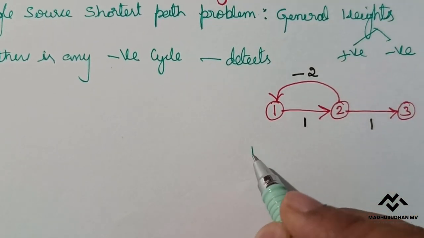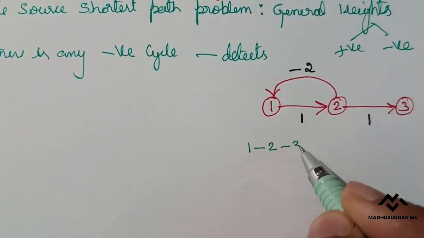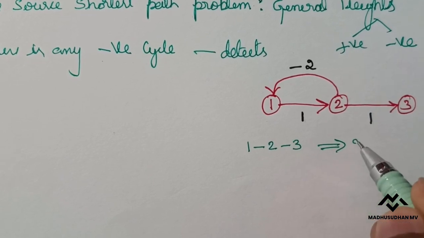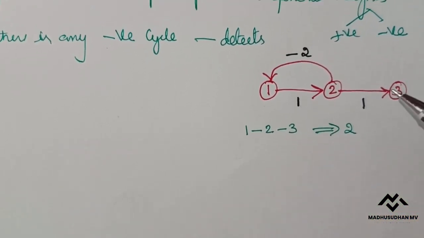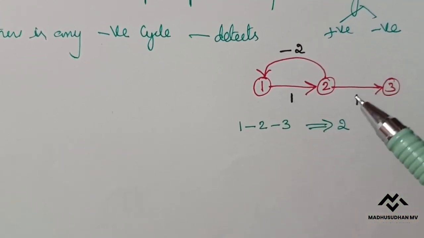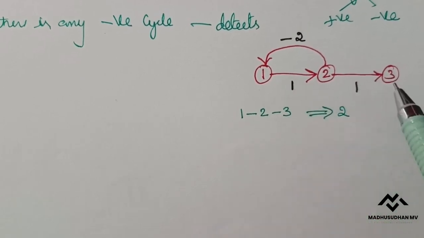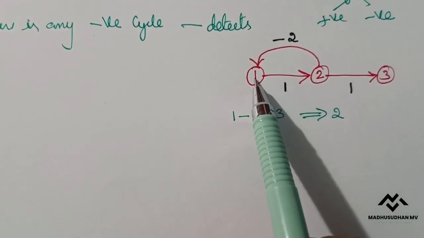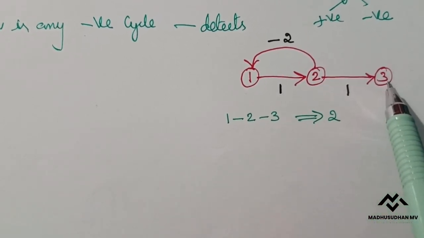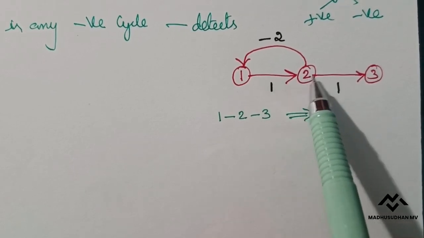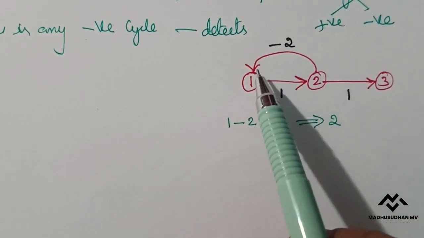If I move from 1 to 2 and 2 to 3, then the distance is 2. Do all of you agree? Yes, but it is not right. Here we moved directly from 1 to 2 and then 2 to 3. But instead of moving directly from 2 to 3, you can go this way.